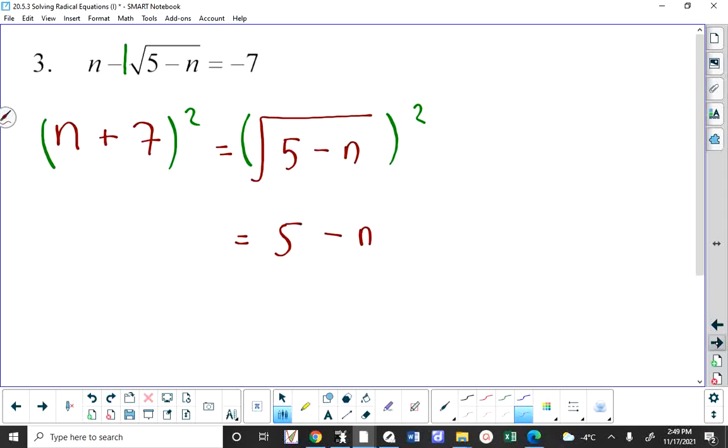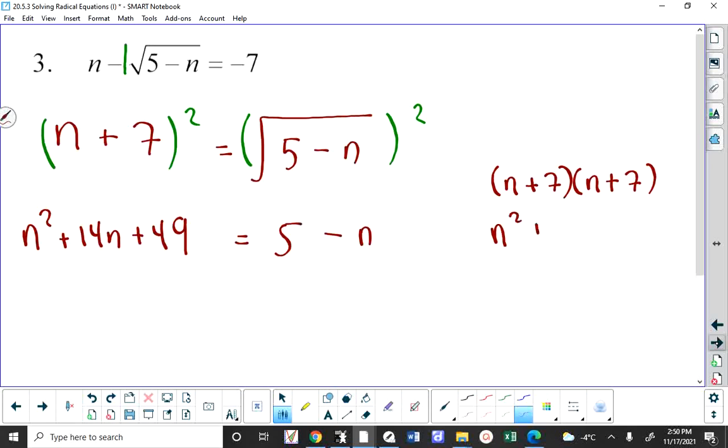I have this dream where everybody in the class writes n squared plus 14n plus 49, and nobody writes n squared plus 49. But I know that some of you probably wrote n squared plus 49. I know from experience. Don't forget that n plus 7 squared means n plus 7 times n plus 7.